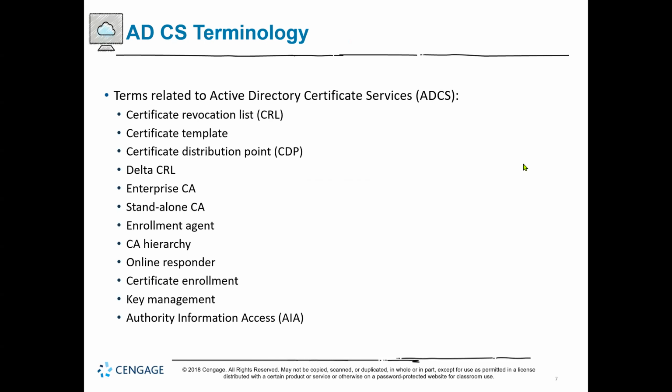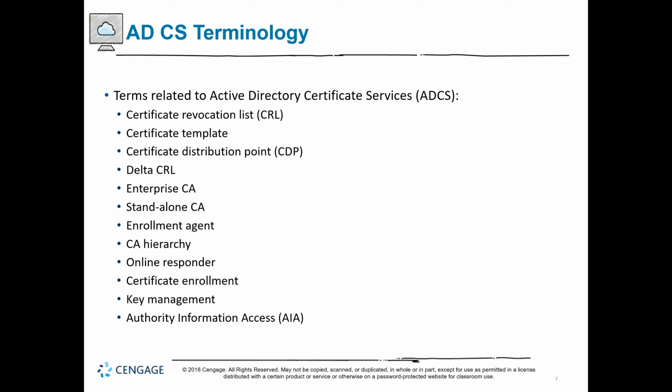ADCS terminology. Actually pretty much all of these, since we've gone through most of this in other classes, should look familiar. There's a certificate revocation list, certificate templates, certificate distribution points, Delta CRL, Enterprise CA. That's your certificate authority. So there are different certificate authorities.